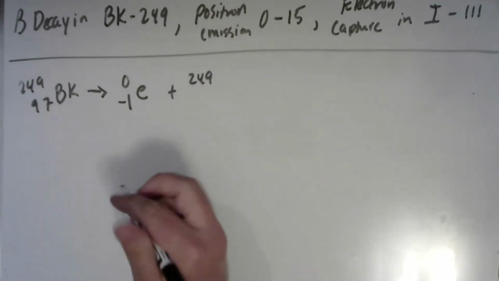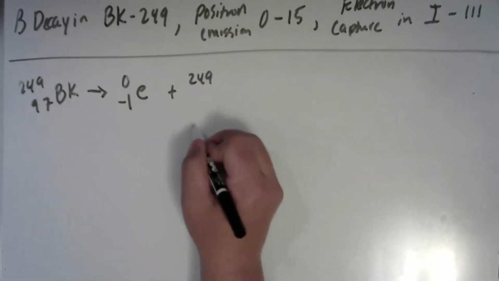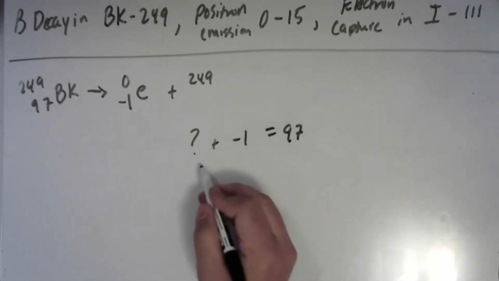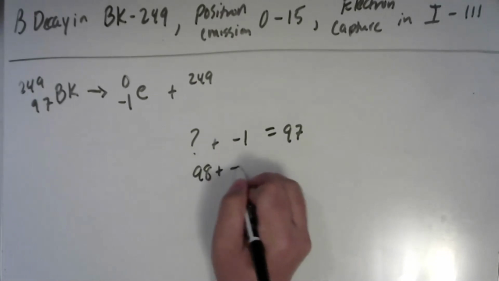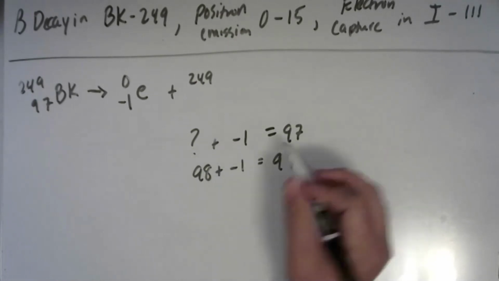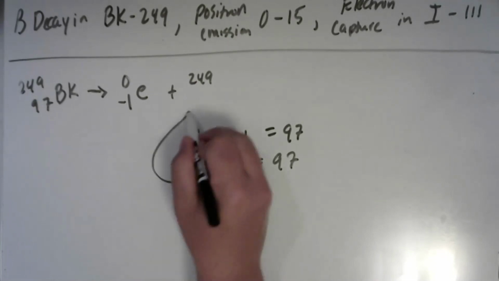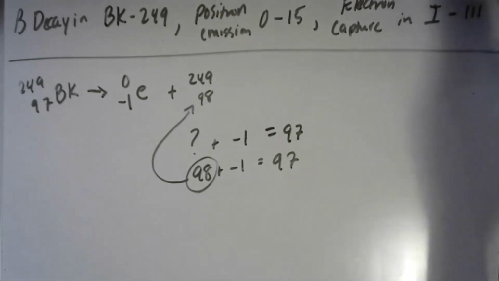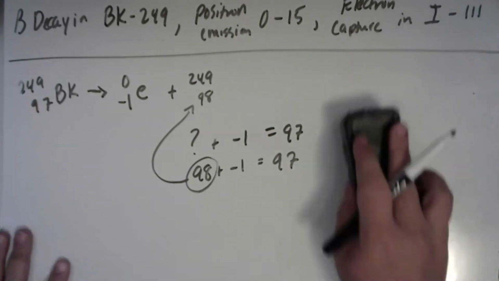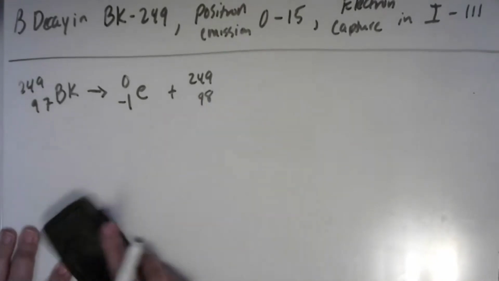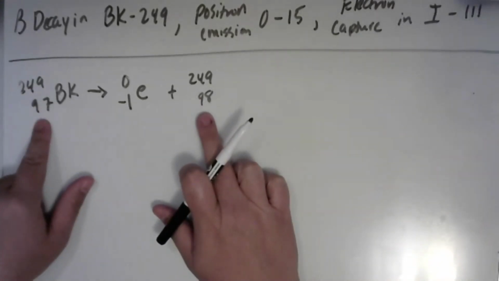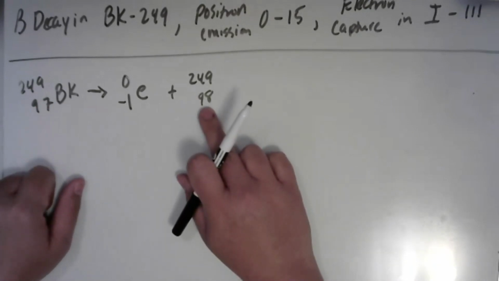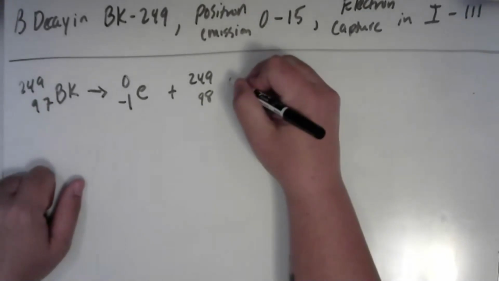All right. Now I have to ask myself, what plus -1 equals 97? Okay, well, the answer to that is going to be 98 plus -1 equals 97. So this is going to have to be my subscript for my new isotope. Okay, because I have to be able to add the subscripts on the product side together to get the subscript on the reactant side. Now I have to look up and see what element number 98 is. It's californium.